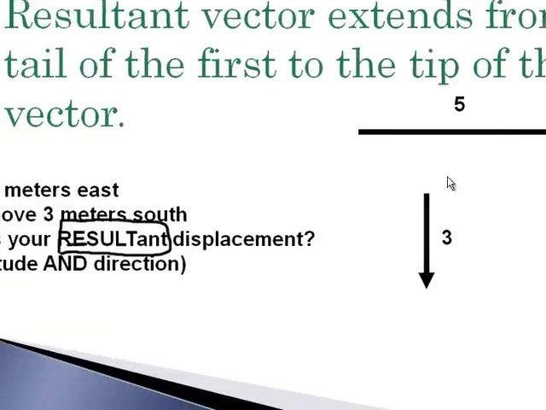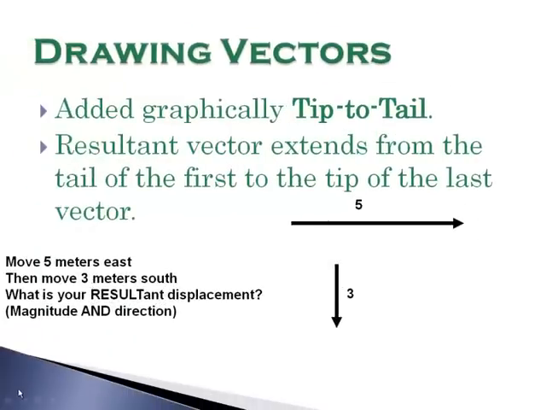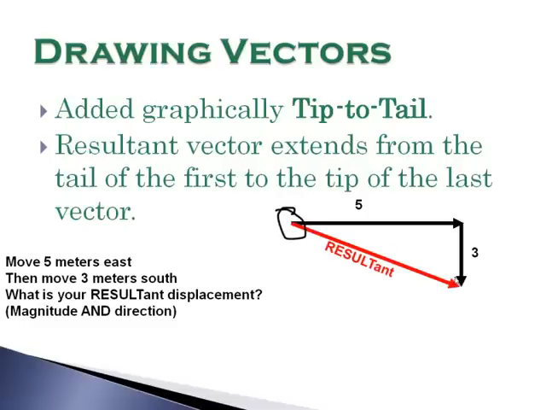So if I have 5 and 3 and I want to add them tip to tail, well, the tip of my first one needs to be added to the tail of my second. Well, what would I have to do? I would have to move my vector over. And when I add those, my result is from the beginning of the first one to the end of the second one. We refer to this as my resultant.